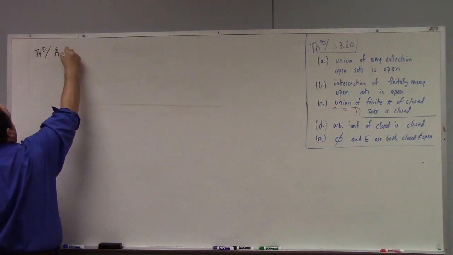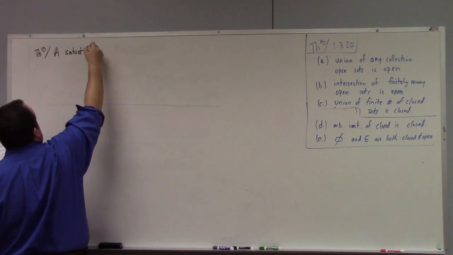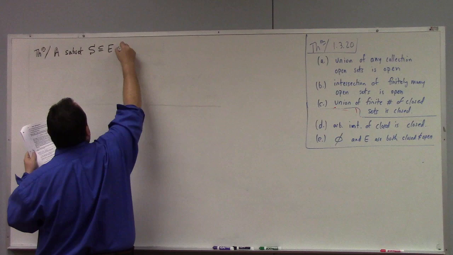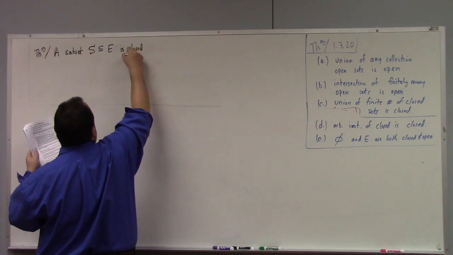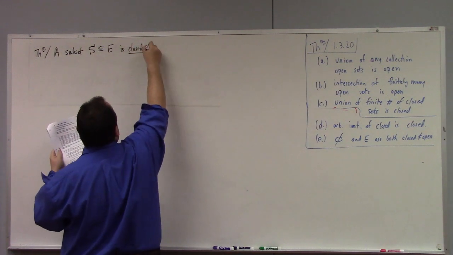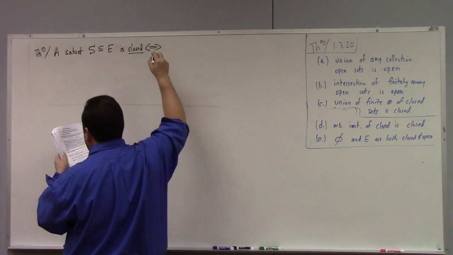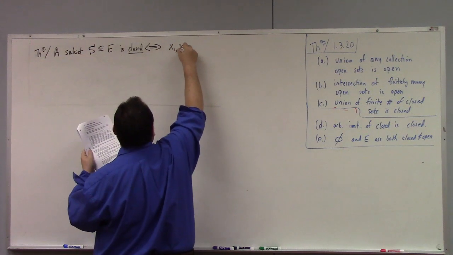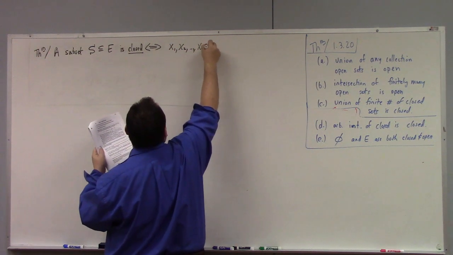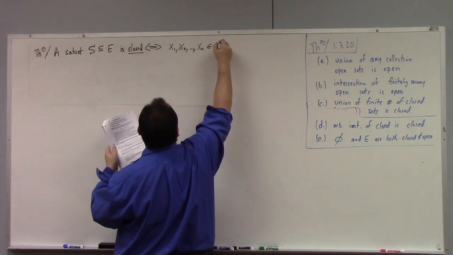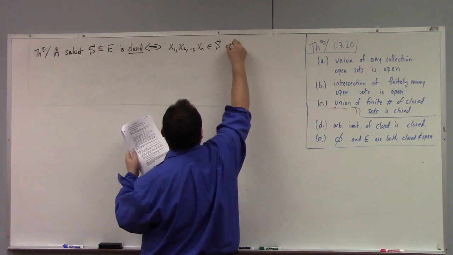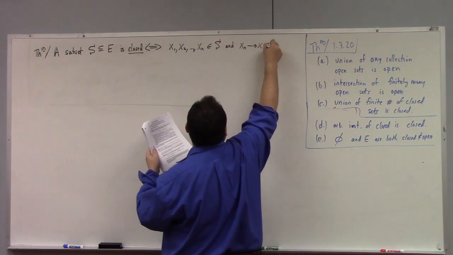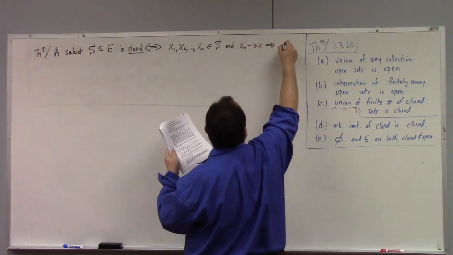A subset S of a normed linear space E is closed if and only if x_1, x_2, ..., x_n in S and x_n converges to x implies that x is an element of S.